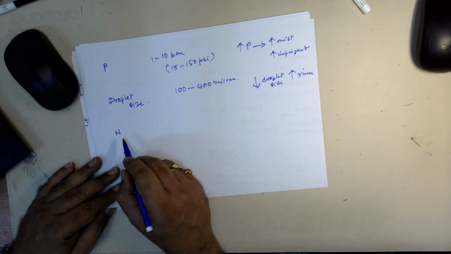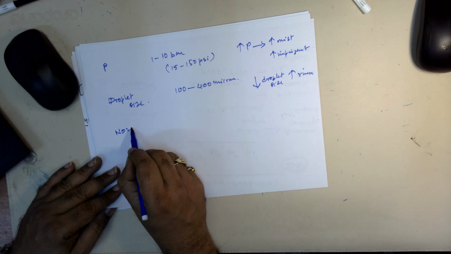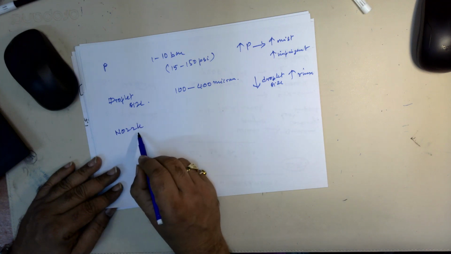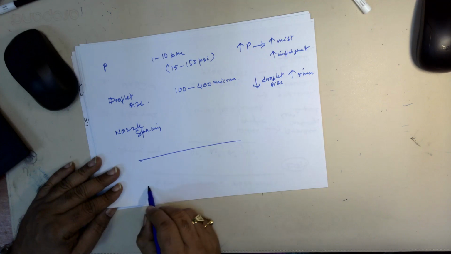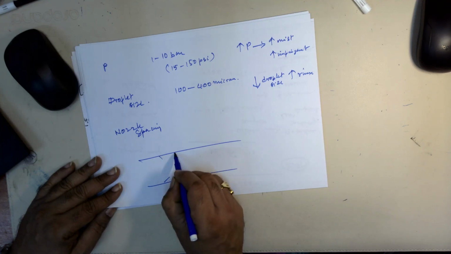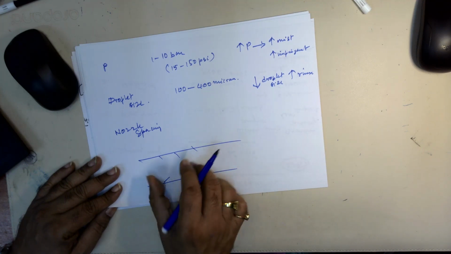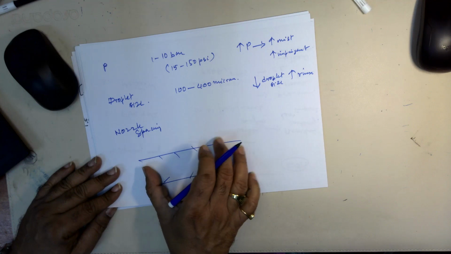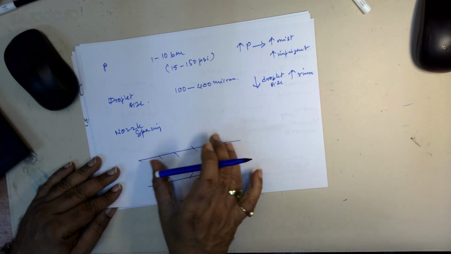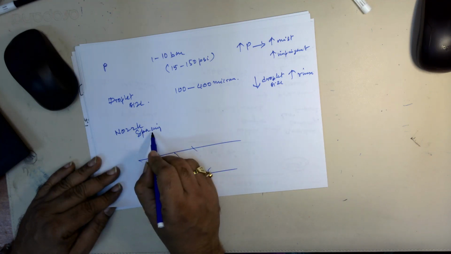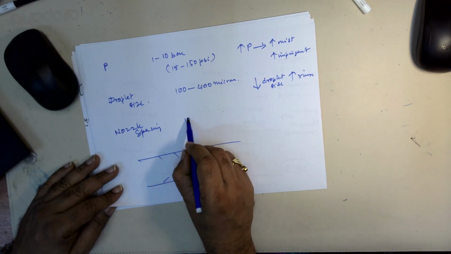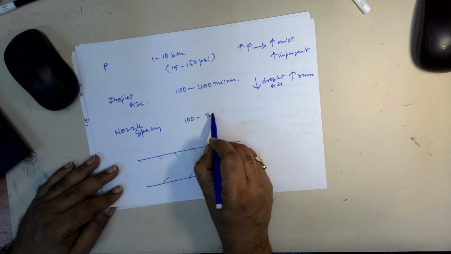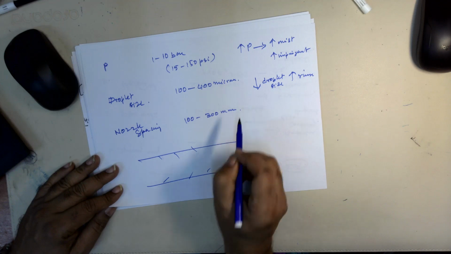Then the nozzle spacing, as I was discussing about the position of the nozzle, the spacing, how closer it is, how farther they are kept. So that is called nozzle spacing. Typically, that is 100 to 300 millimeter.